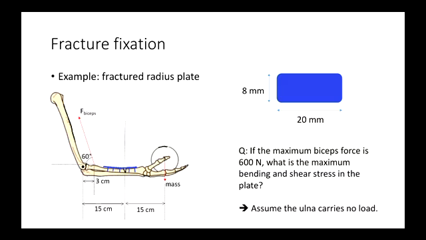The point is also, this isn't just one muscle, it's actually going to be 3 muscles that would do that in reality. So 200 newtons per muscle, that's sort of realistic.